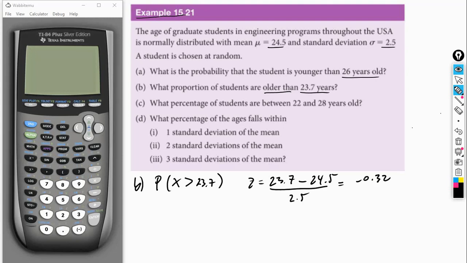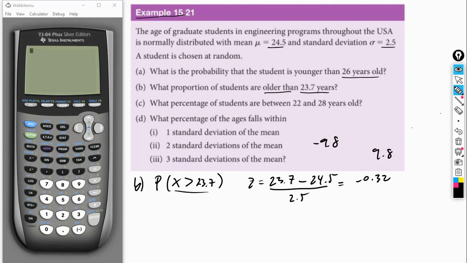So what would be the upper bound? Because it's greater than, right? The upper bound is going to be symmetric. Now remember that in the previous case for part A, we found that the lower bound is minus 9.8. So that means that the upper bound, because of the symmetry of the normal distribution, is going to be 9.8.